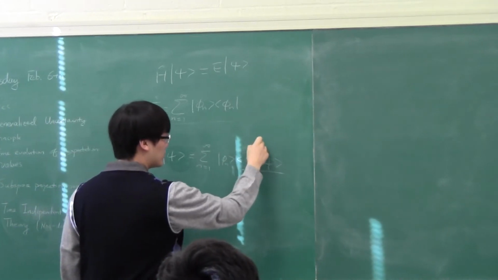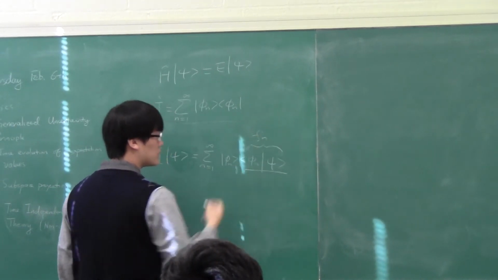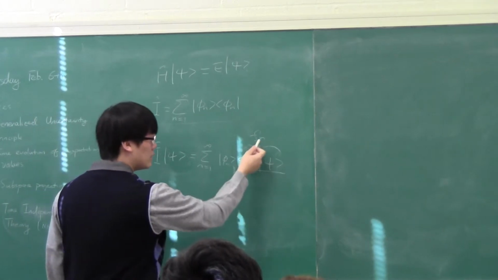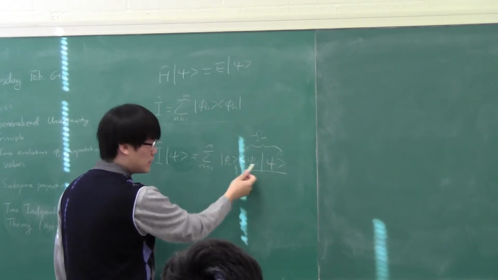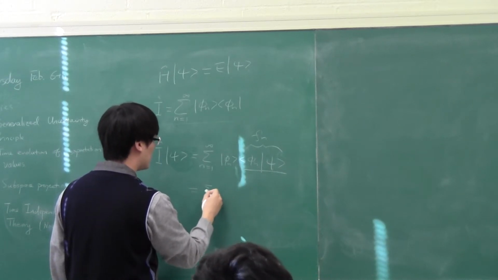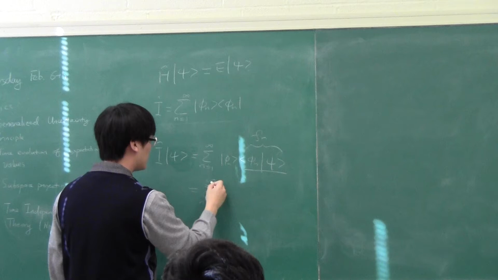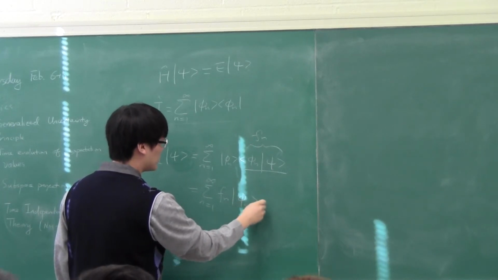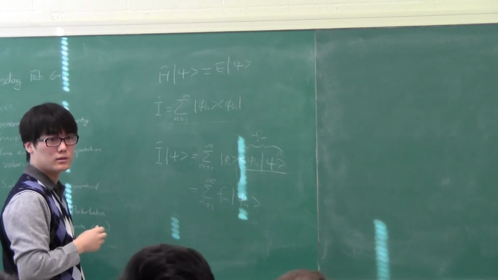And then this gives you a number, let's call this f of n. And then the second step is to expand this function onto this basis. So nothing has changed. When you insert the identity operator, all you are doing is doing an expansion.